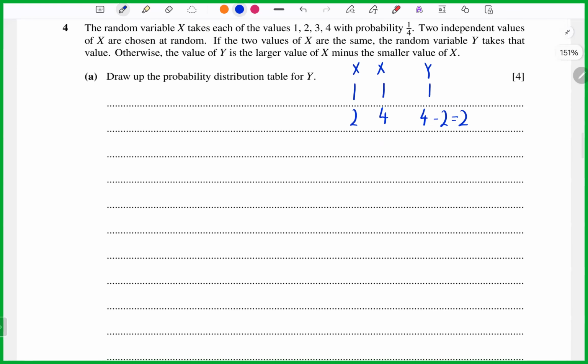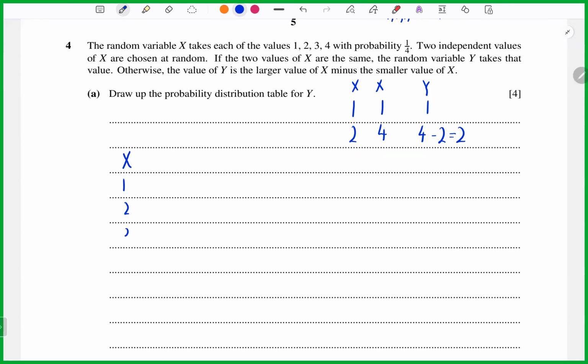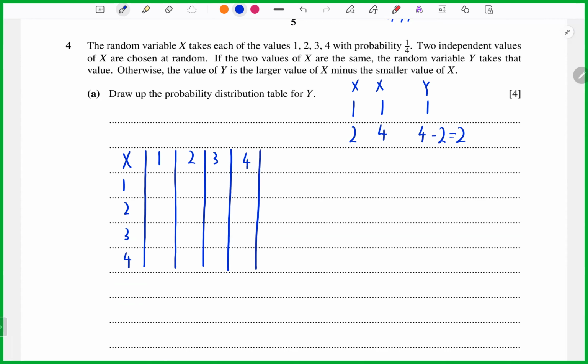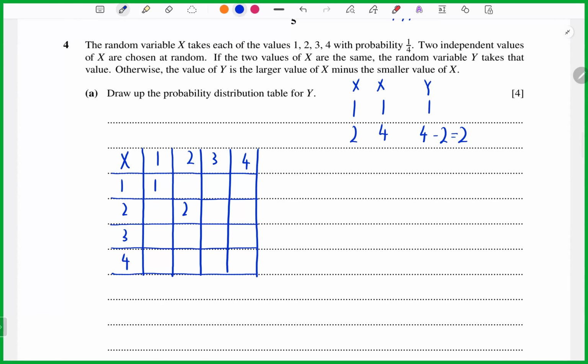Okay, so we can start to draw the diagram first. This is your x, 1, 2, 3, 4, and here also the same, 1, 2, 3, 4. Okay, 1 and 1 you will get 1.